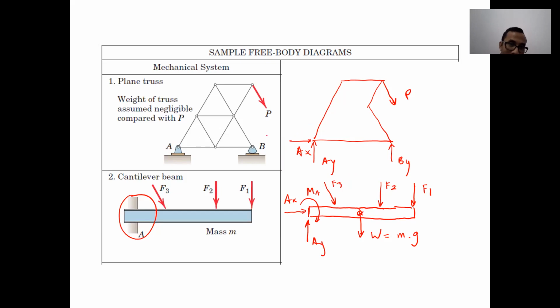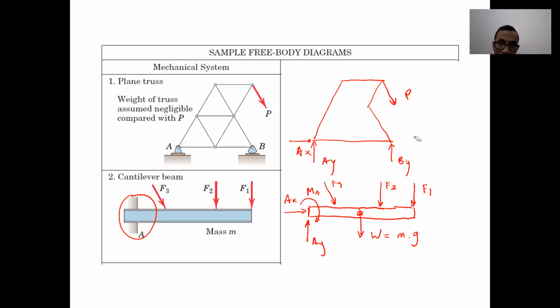And now at B here, it's a roller support. Roller support only restricts the movement in the vertical direction. That's why we only add a vertical reaction force there. Do you get it? Yeah.